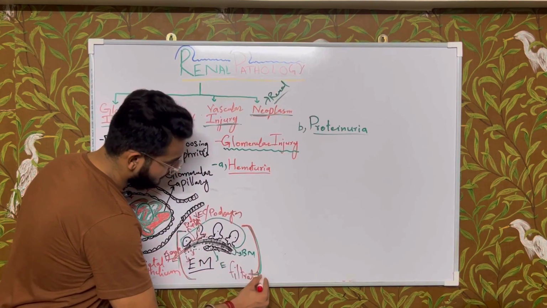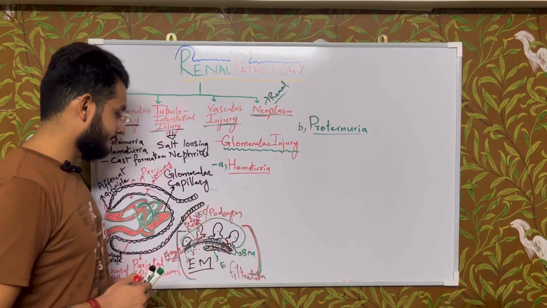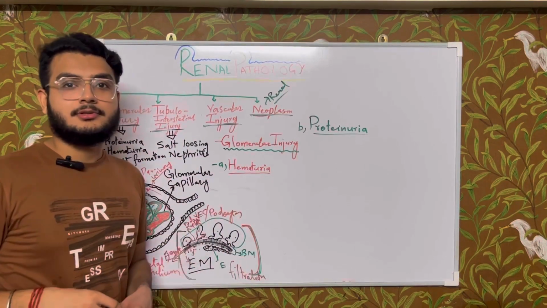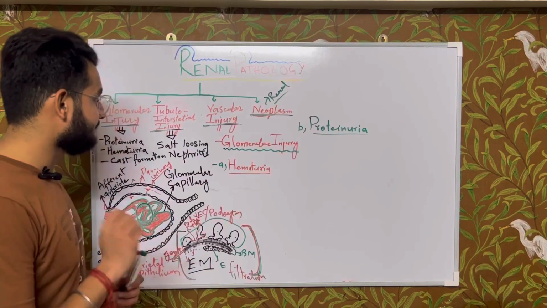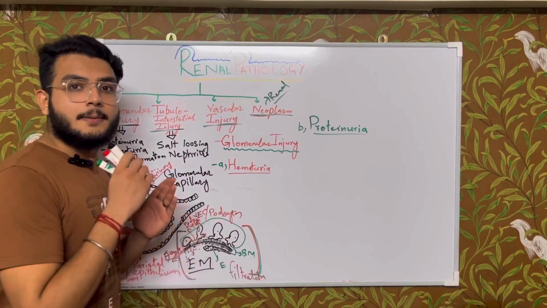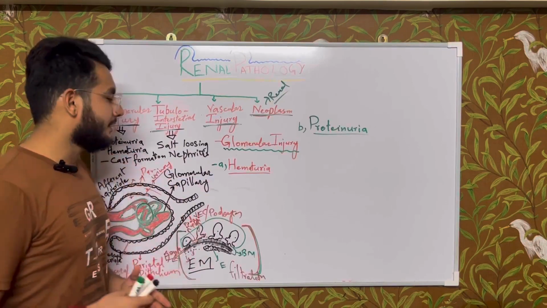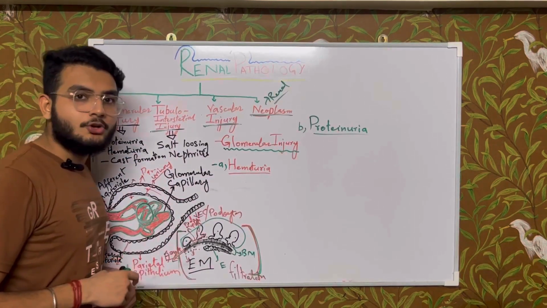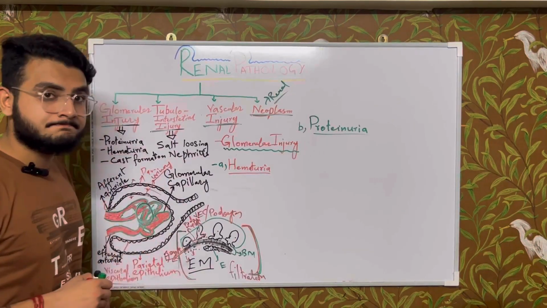This much must be clear to you. I haven't left any stone unturned so far. With this we have understood the basics of glomerular structure. Now let's dive into glomerular injury.